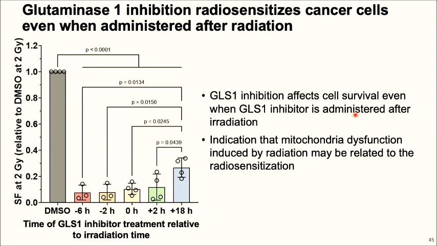And we show that indeed there is also an effect when we treat the cells after the fact, which indicates that the mechanism is related to this higher level of ROS that these cells are now producing because of radiation damage that's causing the mitochondrial dysfunction. So we can apply this inhibitor even after radiation and still get a radiosensitization effect.